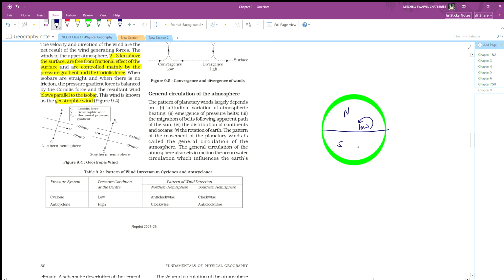In the southern hemisphere, the cyclone also occurs, but the circular motion of the cyclone is clockwise. In the northern hemisphere it is anti-clockwise.